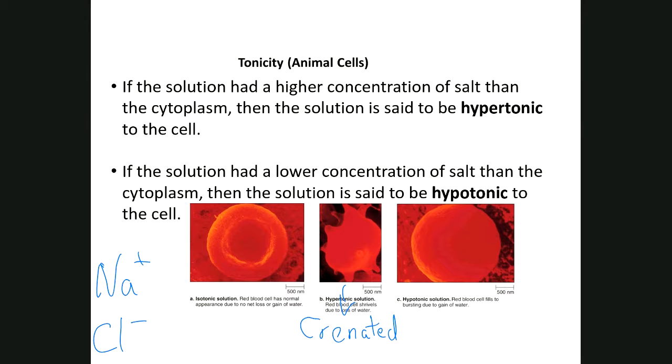Right? So if you place that cell in a salty environment, a hypertonic solution, then since you can't get rid of the salt inside the cell or take in salt from outside the cell, the only way to attempt to reach equilibrium is to change the amount of water in the cell.